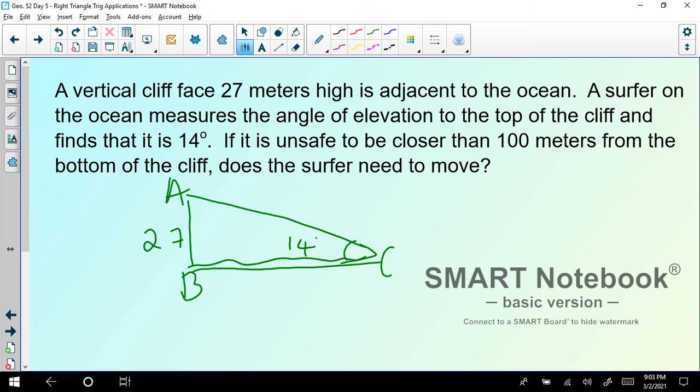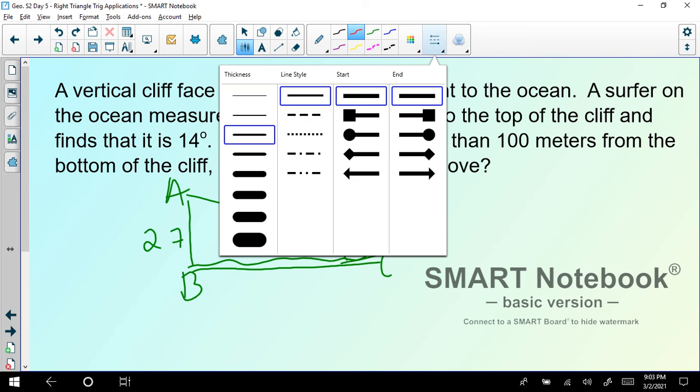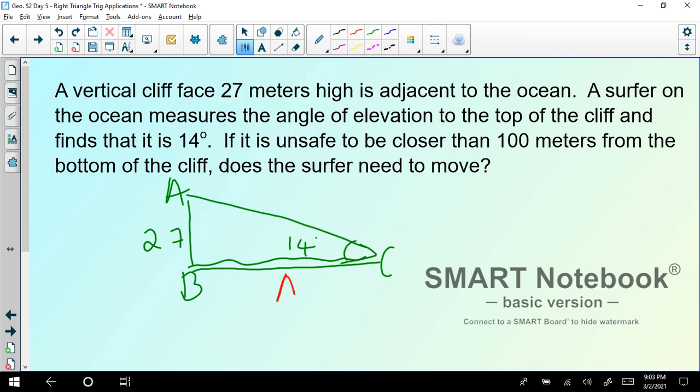With reference angle 14, BC is going to be the adjacent side and AB is going to be the opposite side. Whenever opposite and adjacent are involved, we use the ratio tan. Tan 14 degrees equals opposite over adjacent.